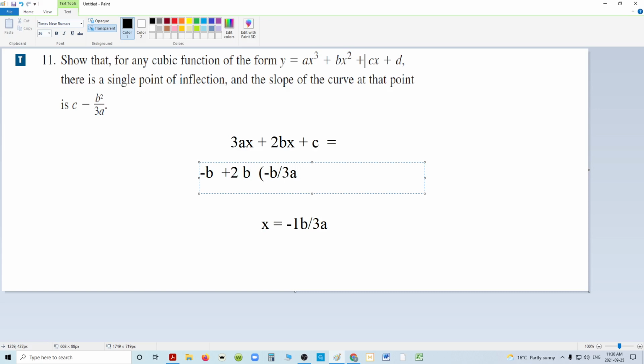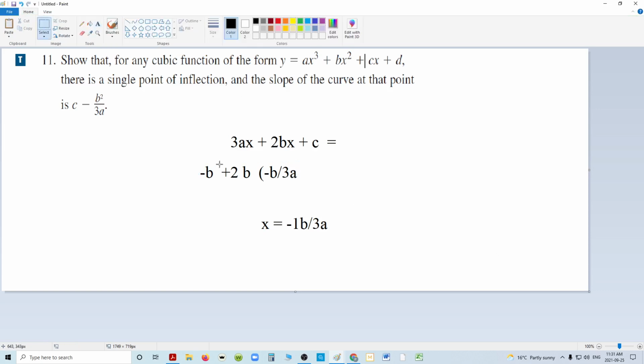So you get minus b squared minus 2b squared over 3a. So the only thing I'm worried about is 3 times a times minus b. So where did the minus b come from? How come there's no minus b? I'm close.